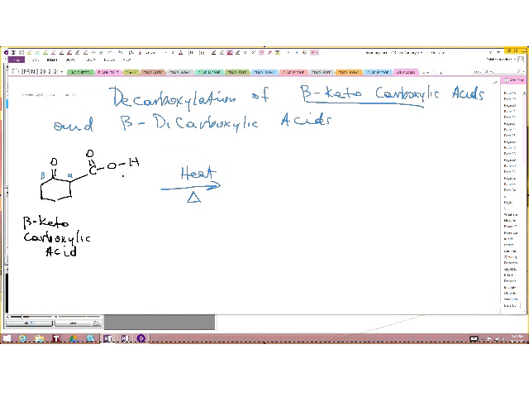Anytime you have a beta keto carboxylic acid, this is what happens. We are going to lose carbon dioxide. This carbon bond will break. Now I have this here. So in essence, we are going to form this.